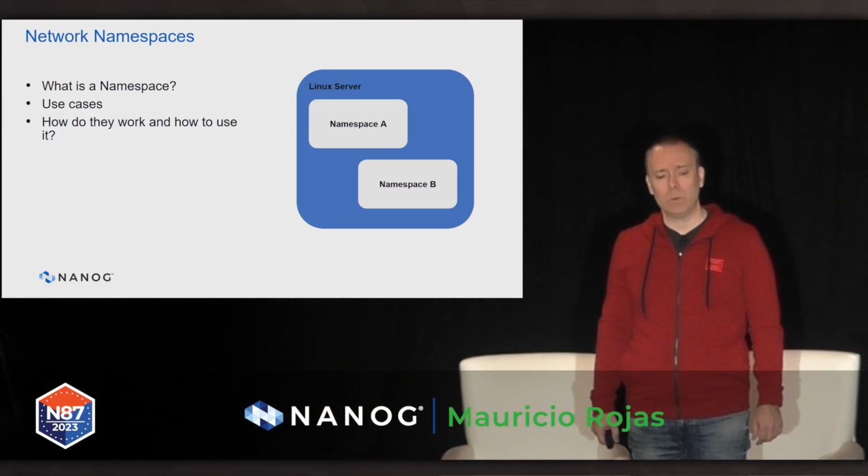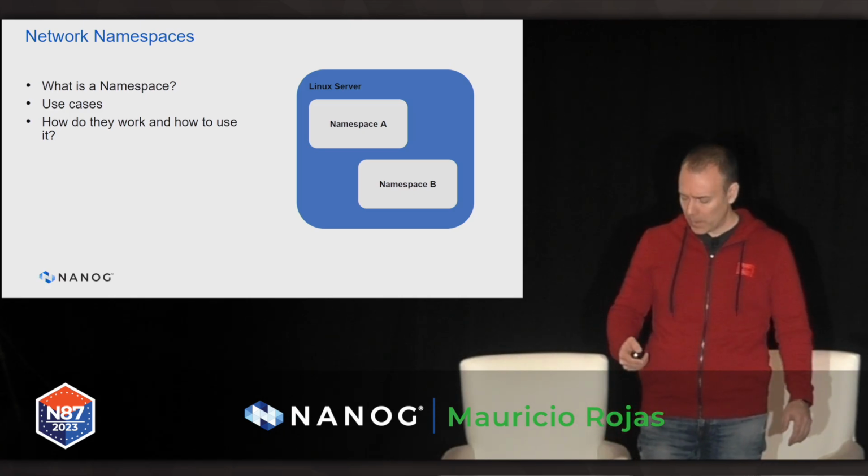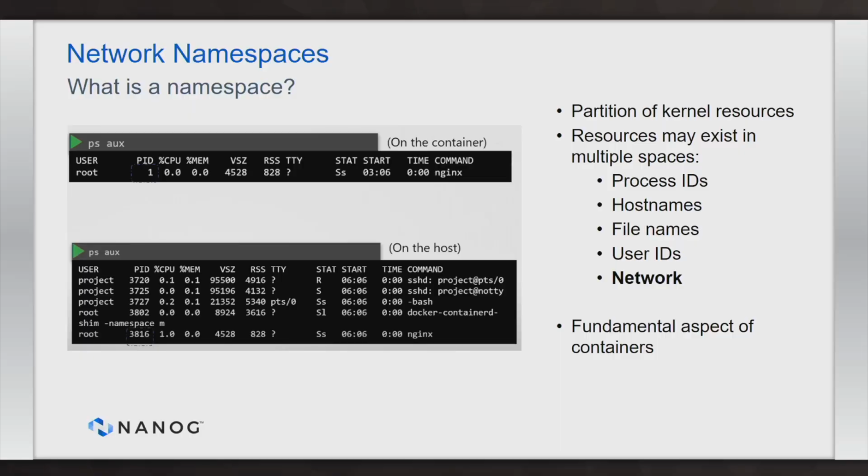For who doesn't know a namespace, we're gonna talk about use cases and why we use it here. A namespace is a partition of the kernel in Linux. Probably you know that from Docker because you're partitioning processes, and you have a process that is isolated from the others in the host, and you're partitioning kernel resources for that.